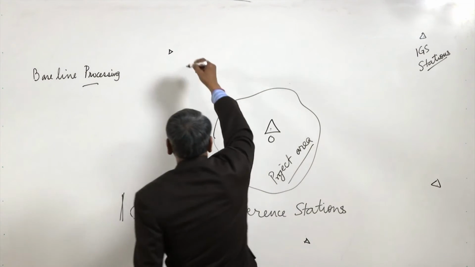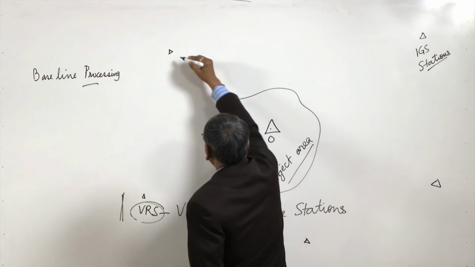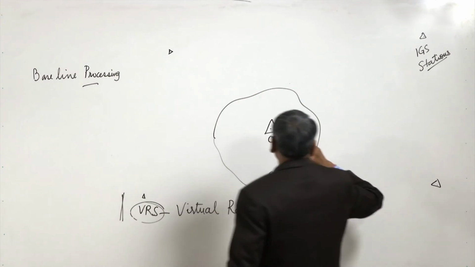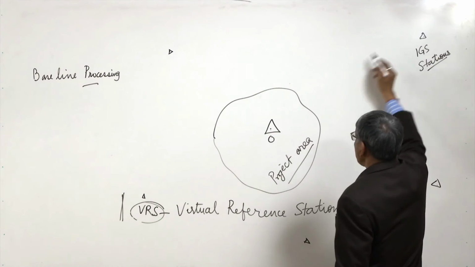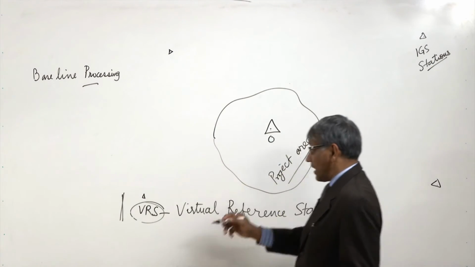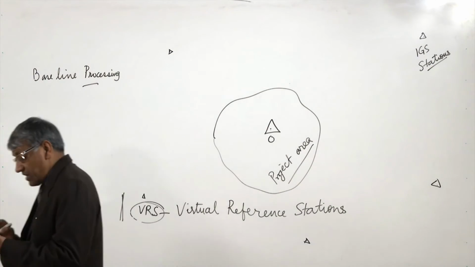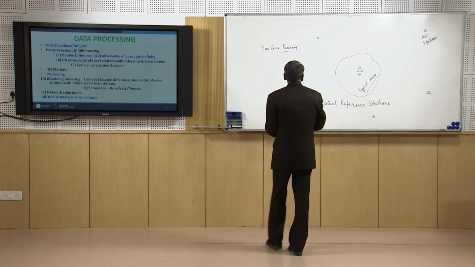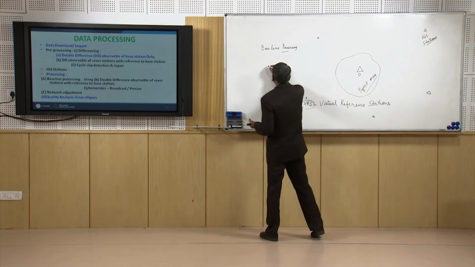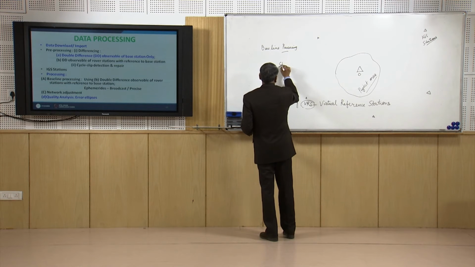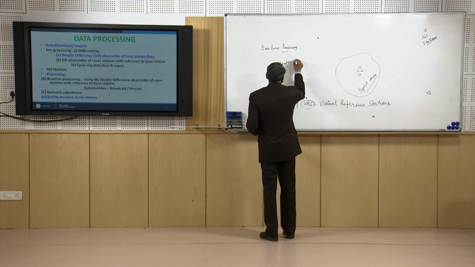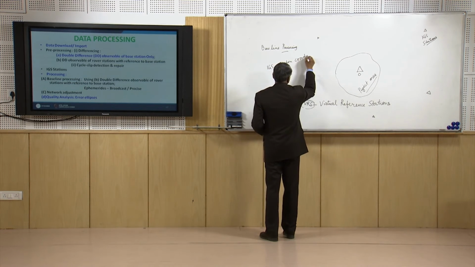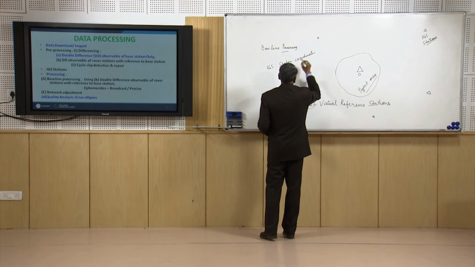Baseline processing means first we should go for a baseline between the IGS station and our reference station, then another baseline like this, then we can put together all these baselines, and we also need to know the IGS station coordinates. IGS station coordinates are also available on the internet.